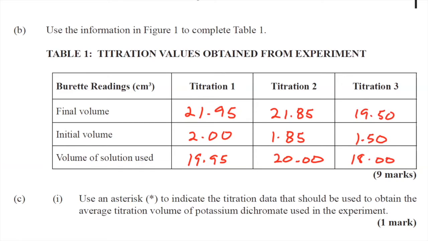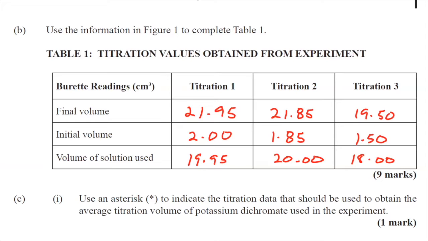Part 1 of C, use an asterisk to indicate the titration data that should be used to obtain the average titration volume of potassium dichromate used in the experiment. All right, so normally when we're doing titrations, it's great if we get identical values. That's not always the case. So we aim to get the next best, values that don't differ by more than 0.1.